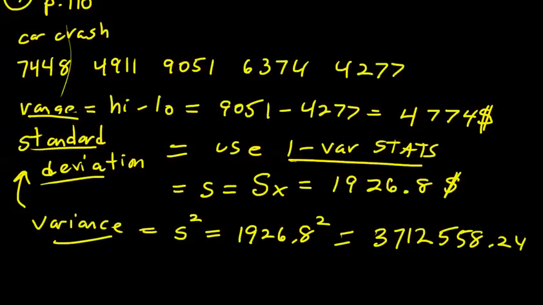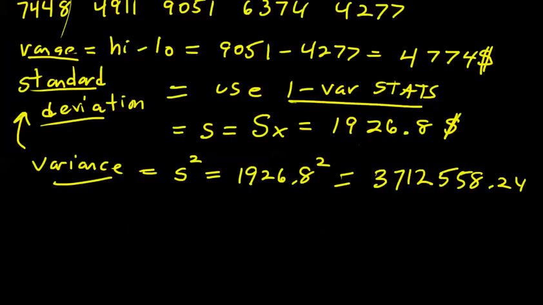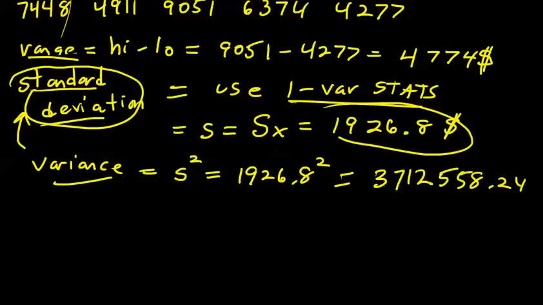And actually, that's in squared dollars. I won't bother to put those units down. Those seem kind of abstract. Certainly, the standard deviation is the most important and most commonly used of these 3 measures of variation. Okay? All right, so that's an example from the homework, how to compute range, standard deviation, and variance.